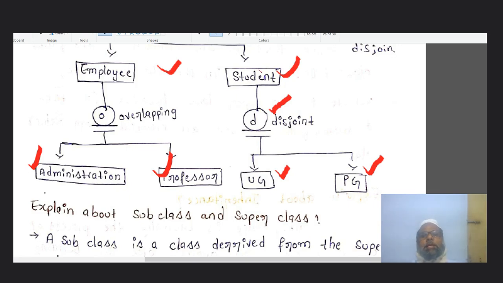That is, a student entity may be related to UG or PG. So this is called disjoint. Here an employee record may be a member of the administrator and professor entity sets or both. This is overlapping, and this is disjoint.